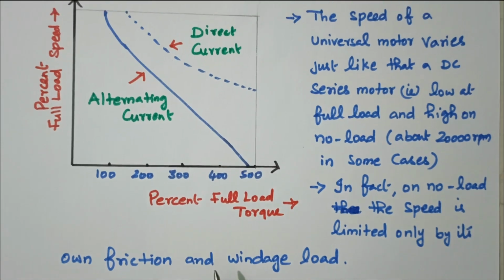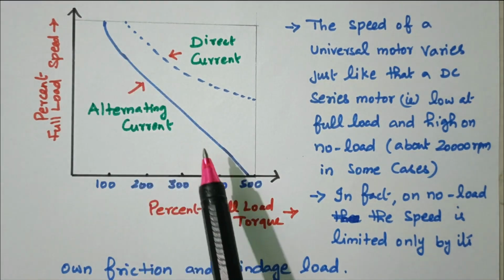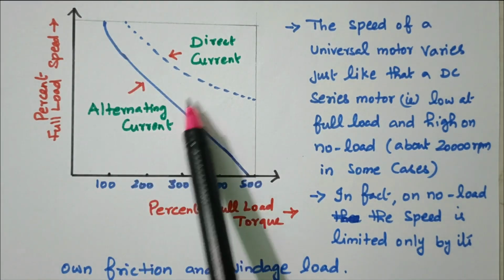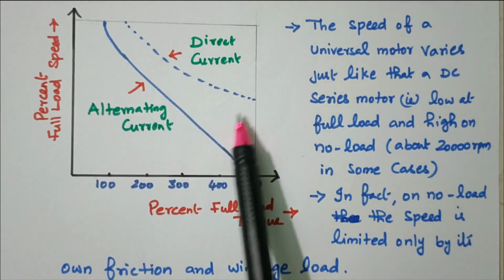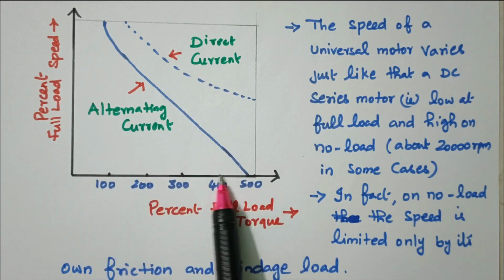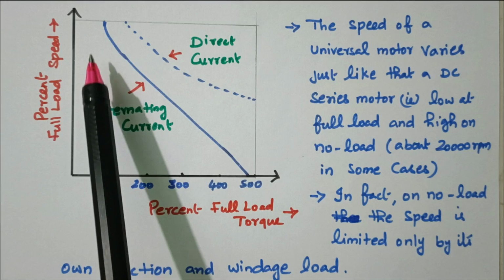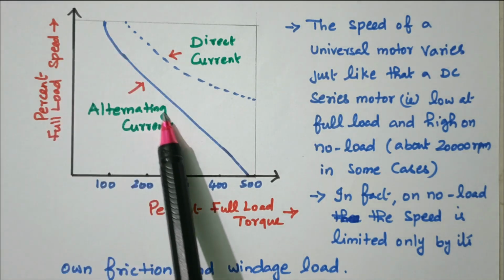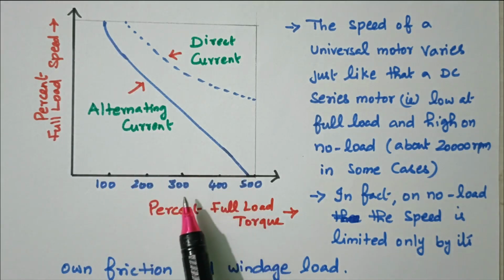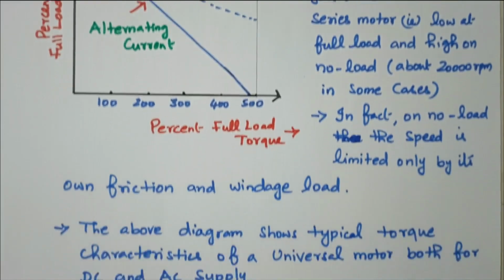So this characteristic is very similar, inversely proportional, but we have the difference in DC and AC. Some speed is available in case of DC. In case of AC, the speed is zero, and while the speed decreases slowly, the torque also increases slowly. It is inversely proportional.